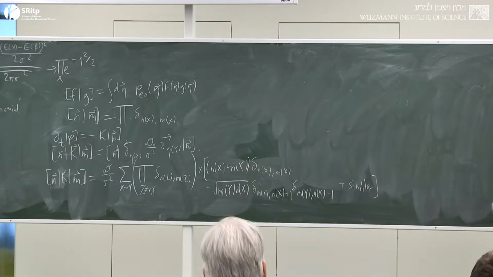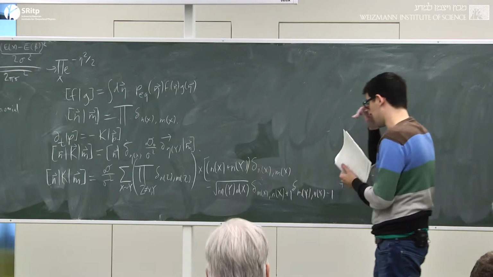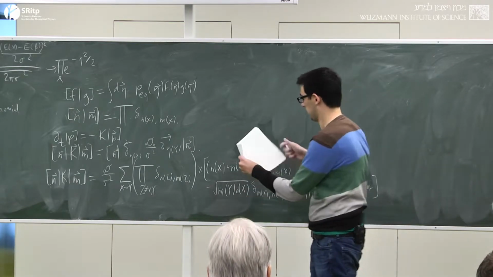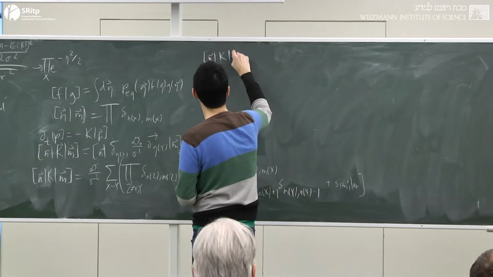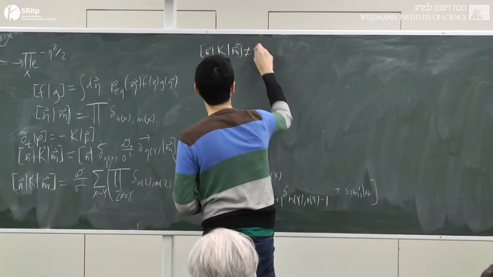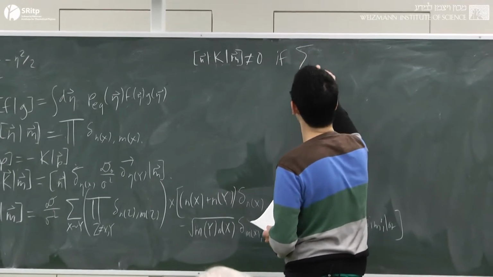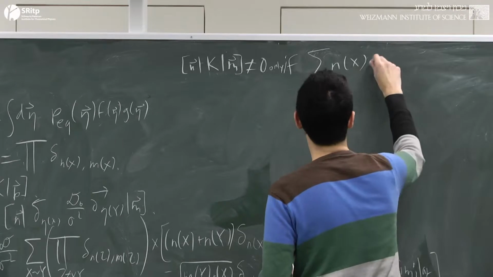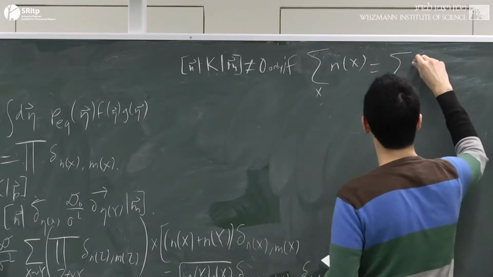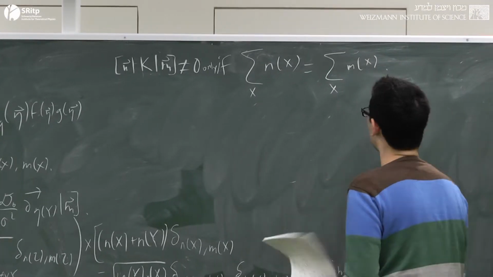Now the key observation that's immediate from this formula is that transitions n k m can only be non-zero if the sum of excitations is unchanged before and after the transition.